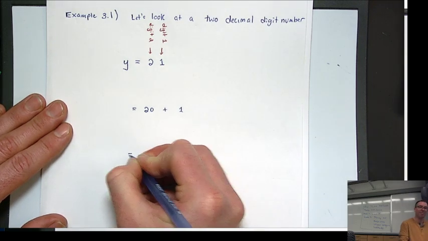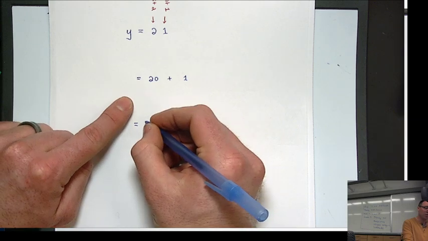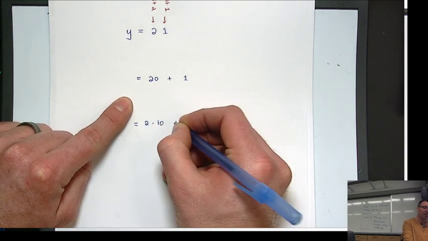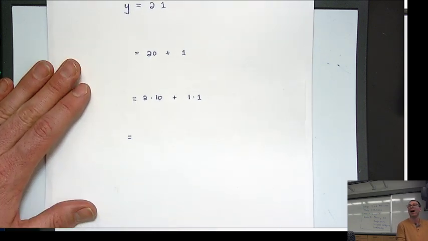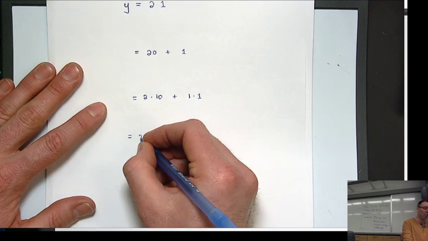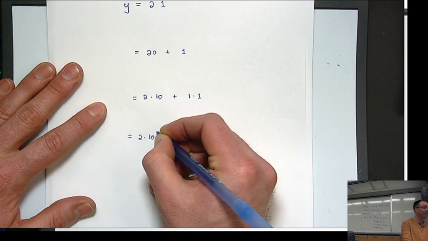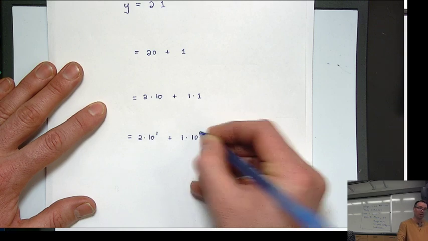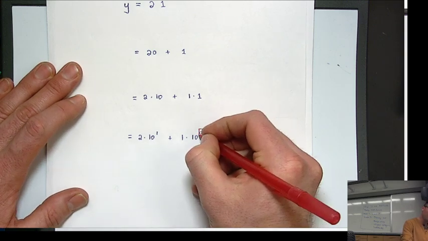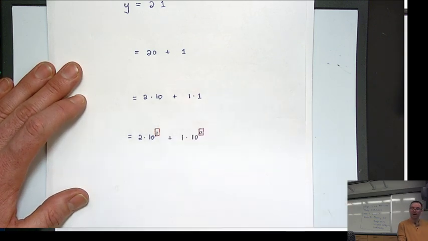Let's go ahead and write that in base 10. This is going to be 2 times 10 plus 1 times 1. Let's write that in base 10 using powers. So this is 2 times 10 to the first plus 1 times 10 to the 0. These things right here have a special name, which we'll talk about in a second.